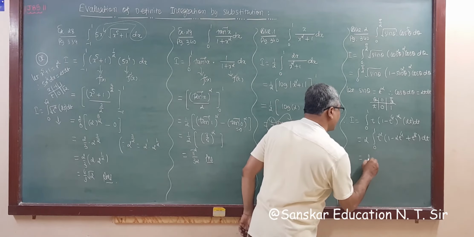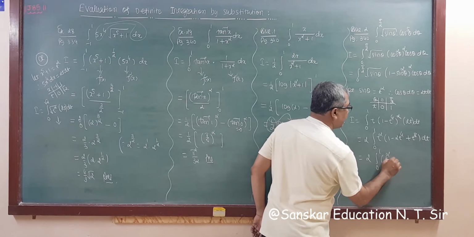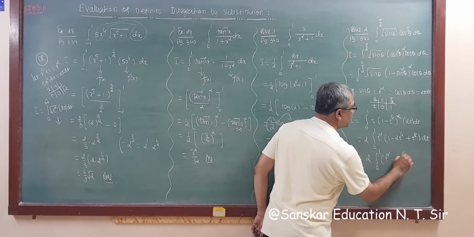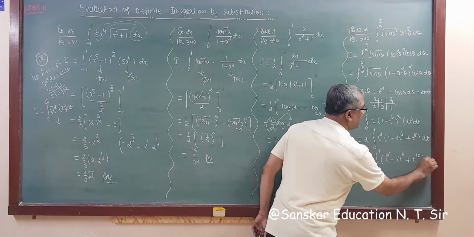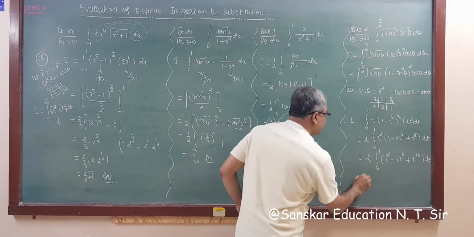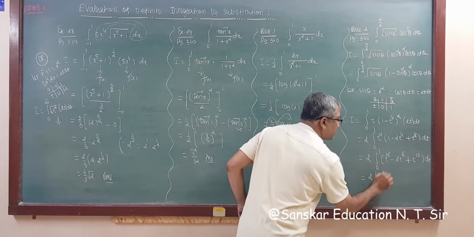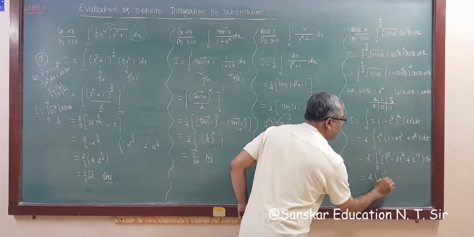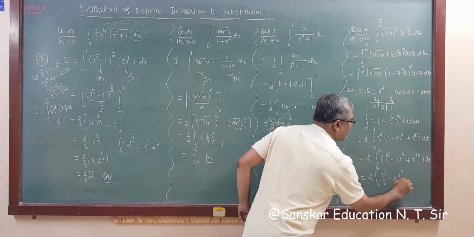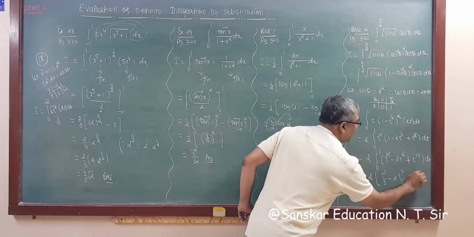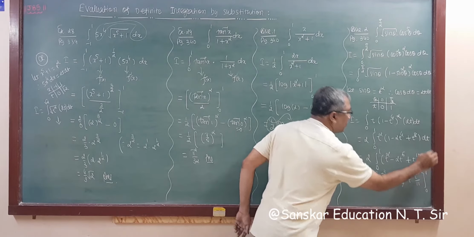This is 2 times integration 0 to 1, this is t square minus 2t raised to 6 plus t raised to 10 dt. So integrating this, we get 2 times, integration of this is t cubed by 3 minus 2 times t raised to 7 by 7 plus t raised to 11 by 11, and the limit is from 0 to 1.